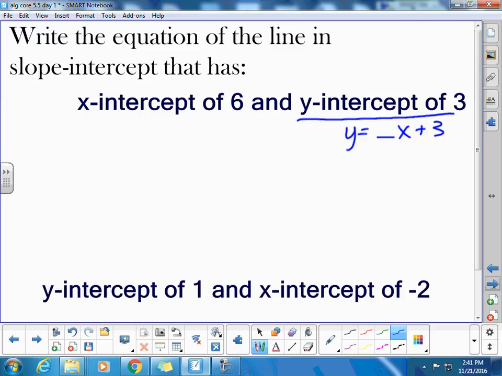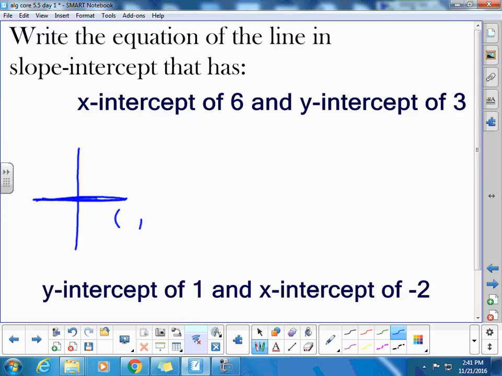If I talk x-intercept, where it touches x, remember that's where somewhere on this line, y is 0. Somewhere on the x, where it hits this line, I know on that line y is 0.